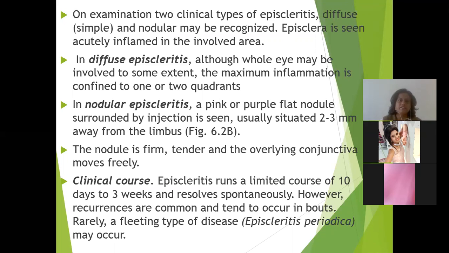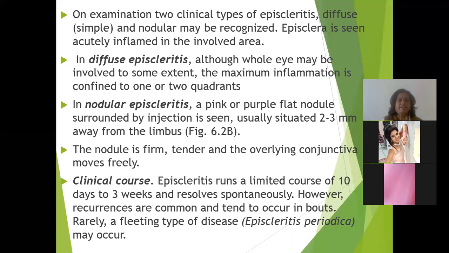On examination, two clinical types of episcleritis, diffuse or simple, and nodular, may be recognized. The episclera is seen inflamed in the involved area. Pathologically, there is a dense lymphocytic infiltration in the subconjunctival and episcleral tissue. The symptoms are mild pain or irritation of the eye and localized redness.